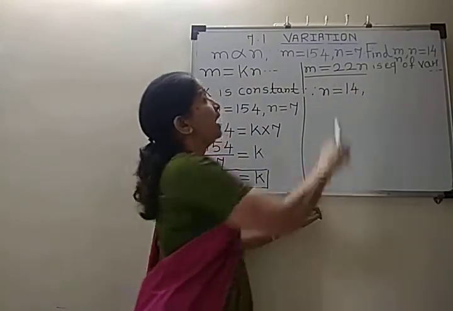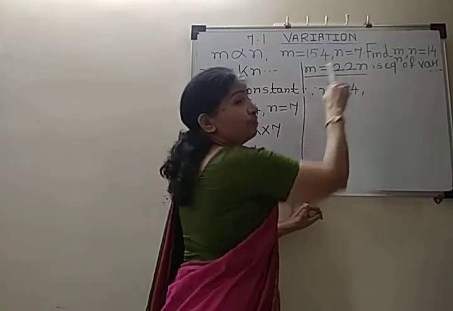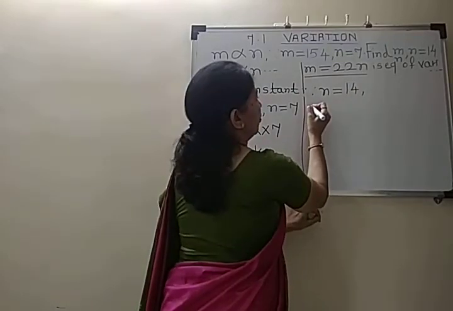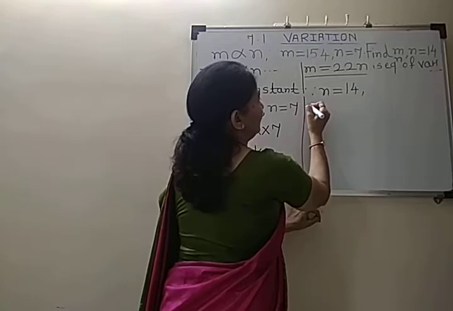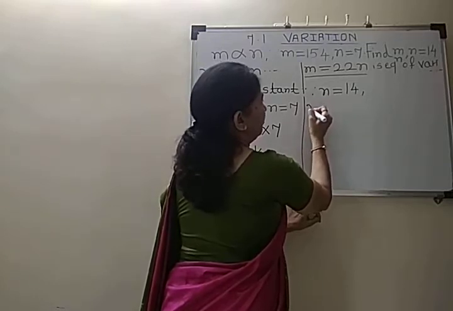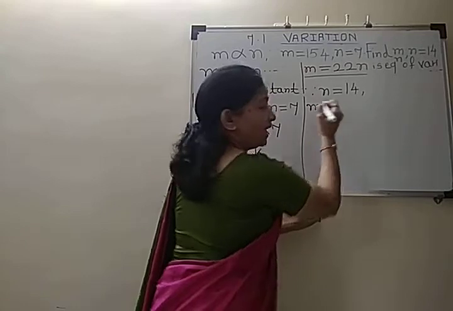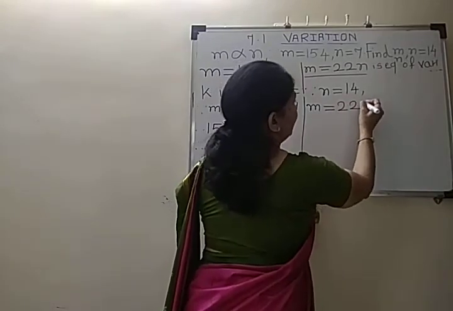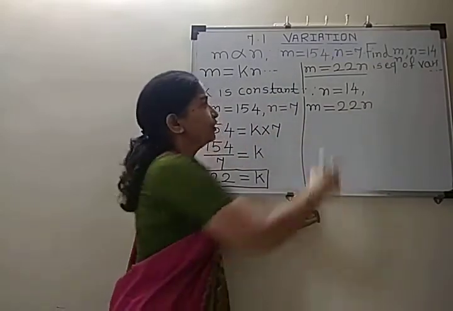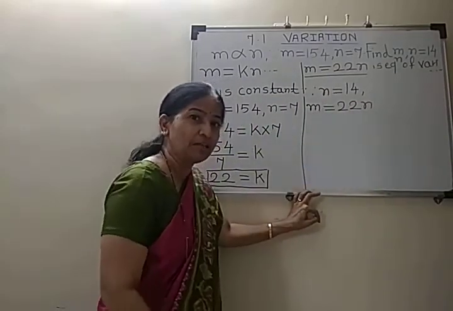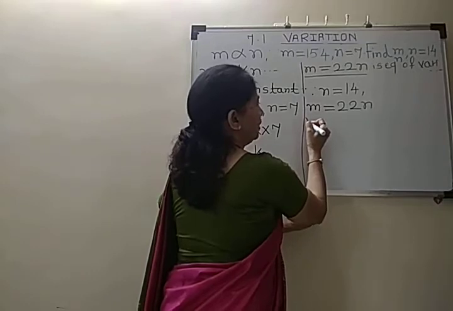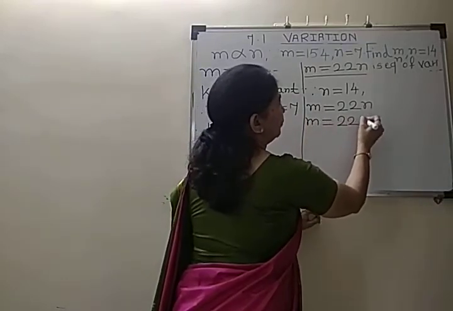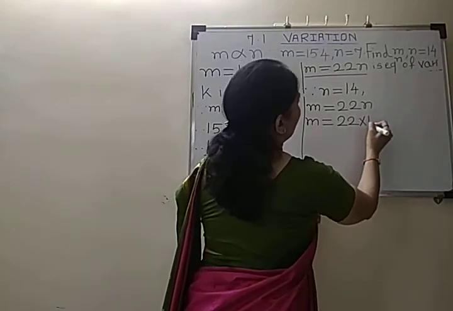What is it? M is equal to 22N. M is equal to 22N is the equation of variation. We will substitute this value of N as 14, means M is equal to 22 into 14.